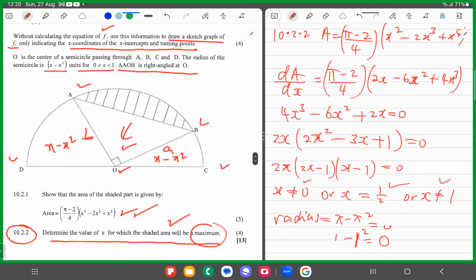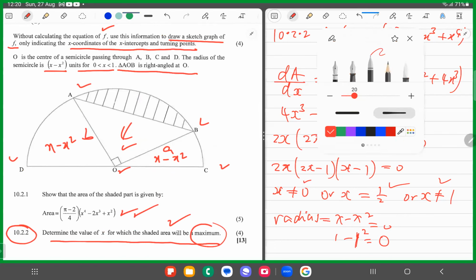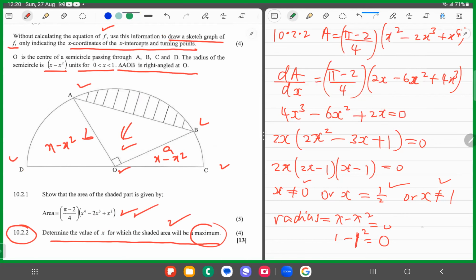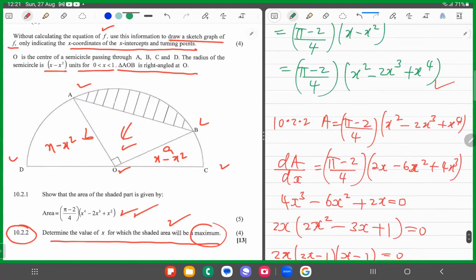Right, the time is exactly 12:20. And we started at approximately 10:38.